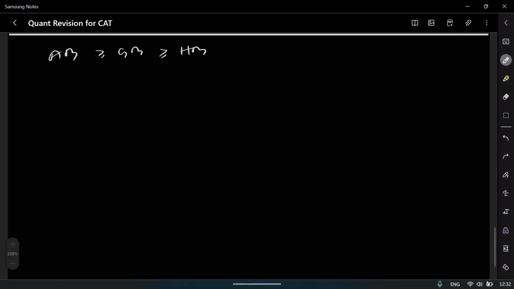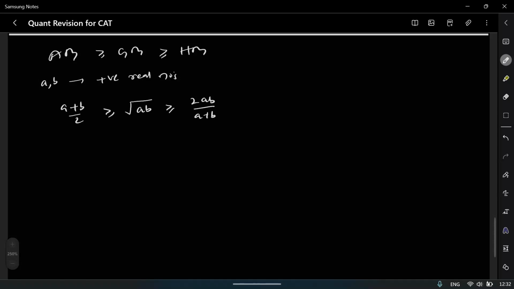So we are going to find the inequalities like AM greater than or equal to GM greater than or equal to HM. Let A and B be two positive real numbers, and here AM means arithmetic mean, which is the average of A and B, (A plus B) by 2, greater than or equal to GM, which is root of AB, which is greater than or equal to HM, 2AB by (A plus B).